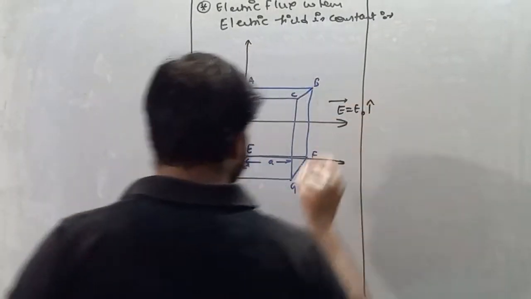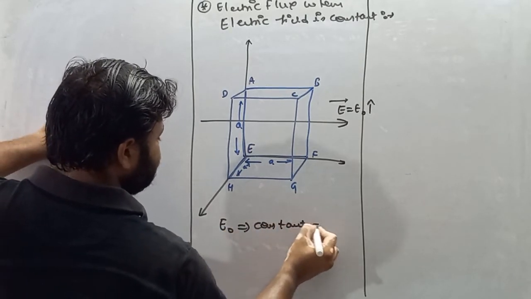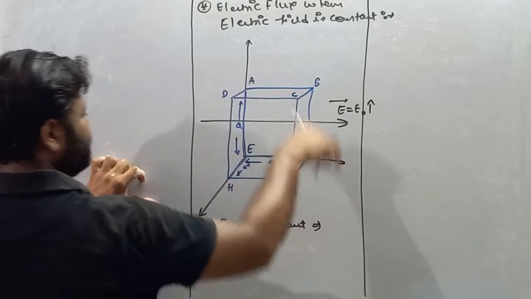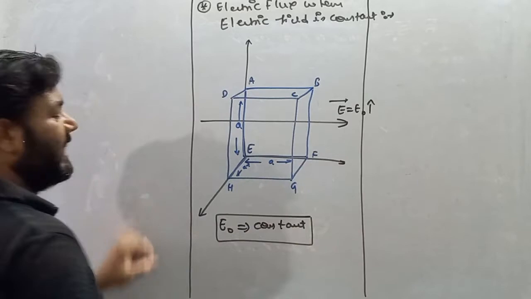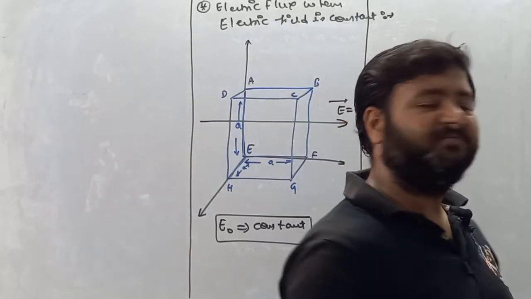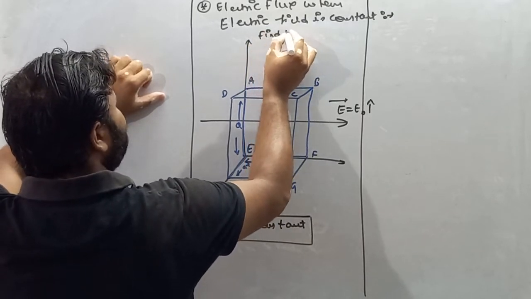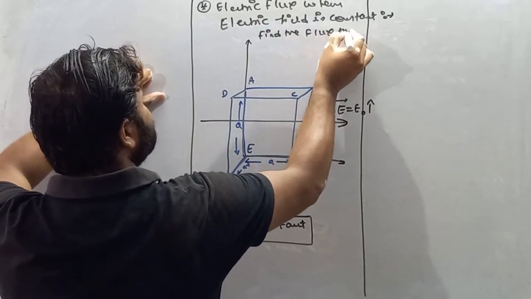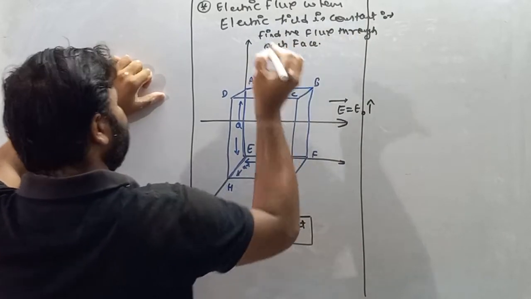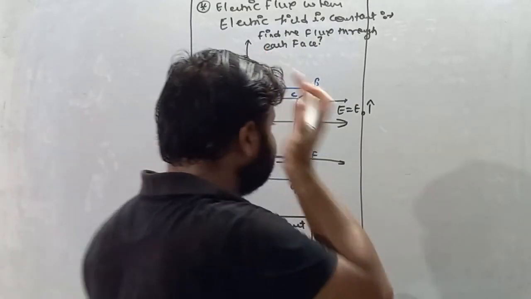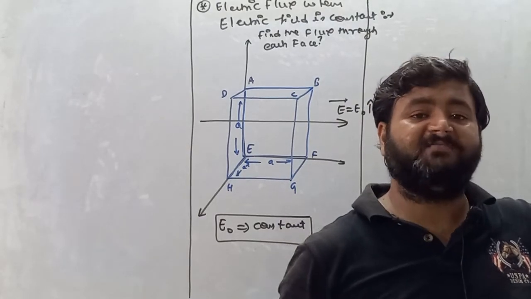This E naught is basically a constant term, so we'll say that this cuboid is placed in a constant electric field. Now find the flux through each face of the cuboid. Write down the question.